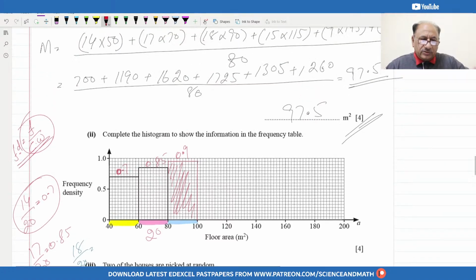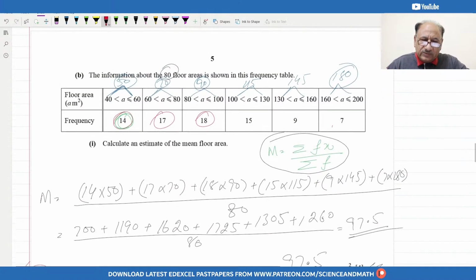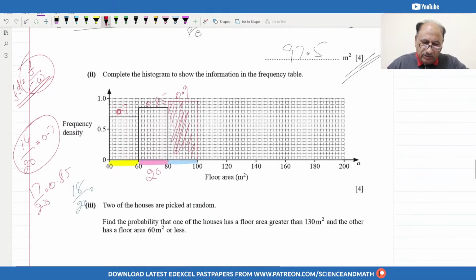Hopefully you understood this. Now the next is 100 to 130. 100 to 130 will be in the middle of this one, and 130 is up to this one. So the width will be from here to here, which is 30.